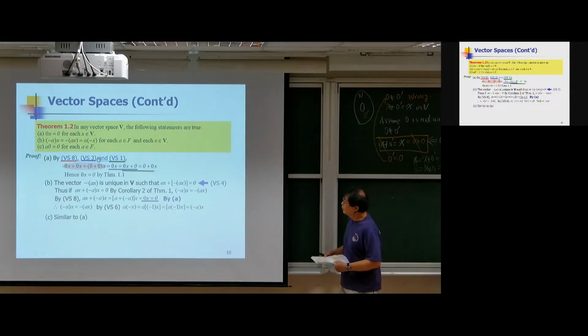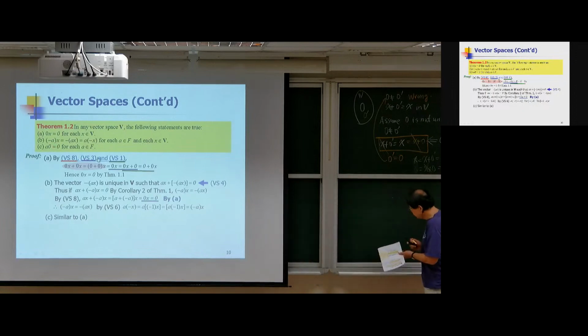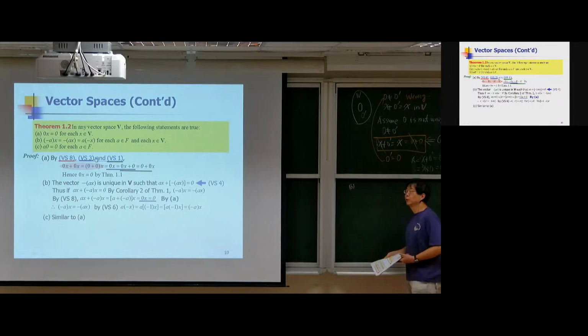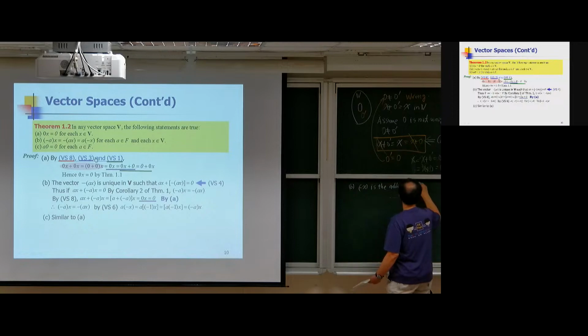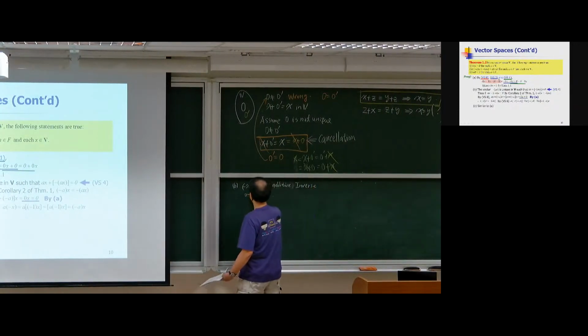And for B, here, we want to prove this. So for B, first of all, we need to apply the definition of additive inverse. So we know that the minus x is the additive inverse of x.